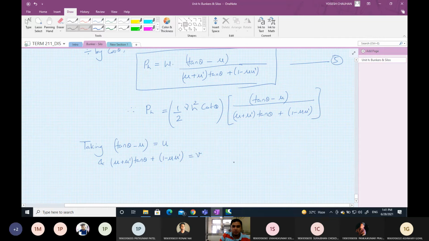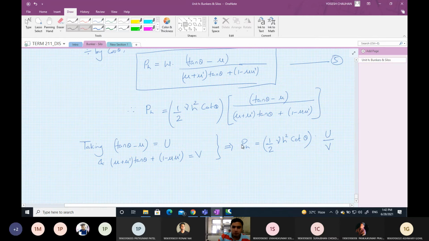Okay, by taking these terms, your pH will be equal to 1/2 gamma H square cot theta into u by v.